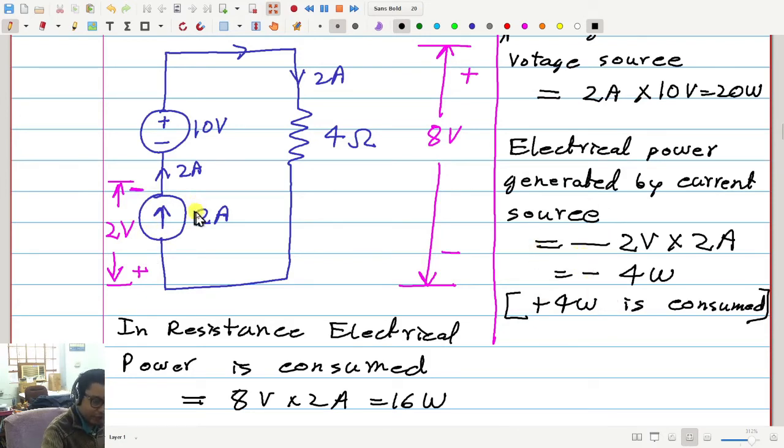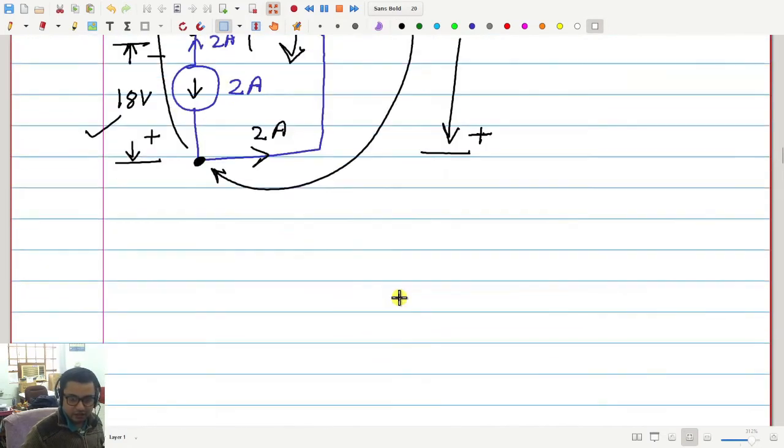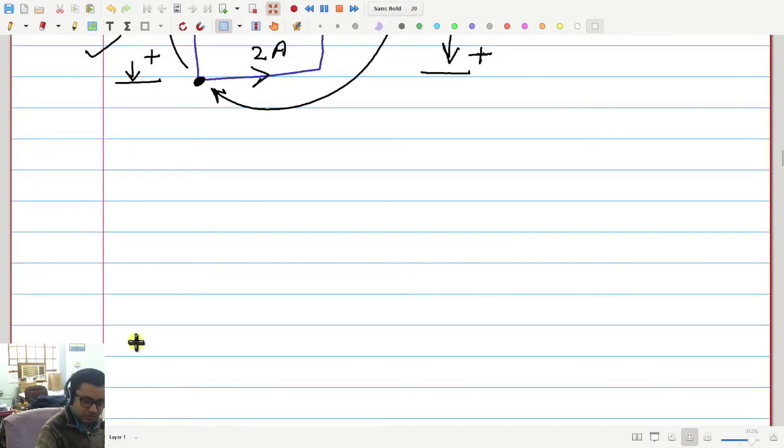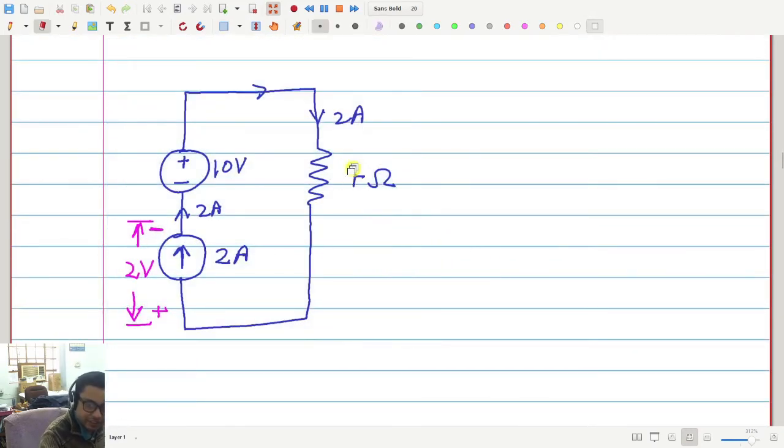Now if I try with different values of voltage and current, for example, suppose I make this 8 ohm, I don't know what will happen, but something different may happen.